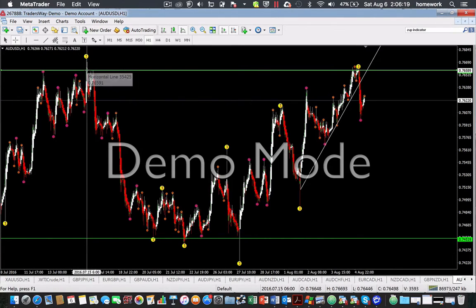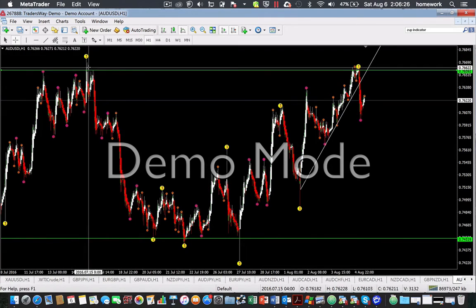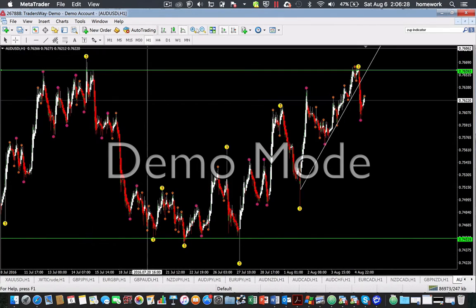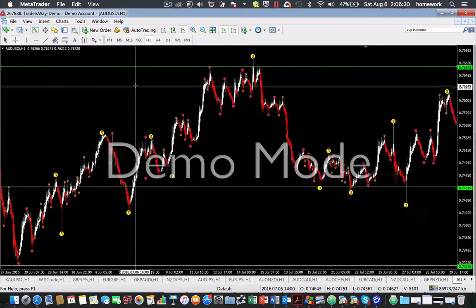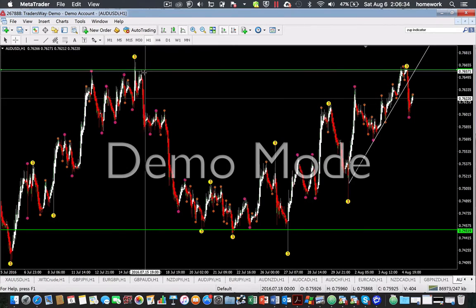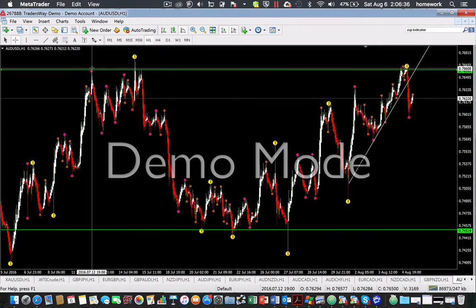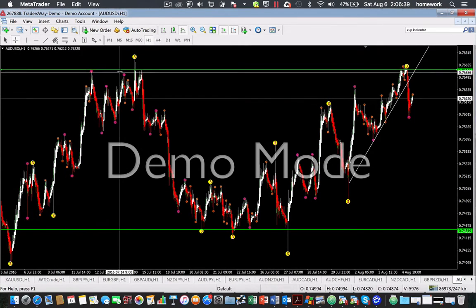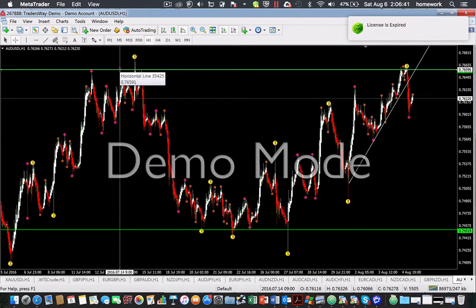Right here, it touched it, but it didn't cross it. Right here, it touched it, it crossed it, but the candlestick did not close outside of the resistance. Touched it again. So as you can see, this is a big, major resistance.